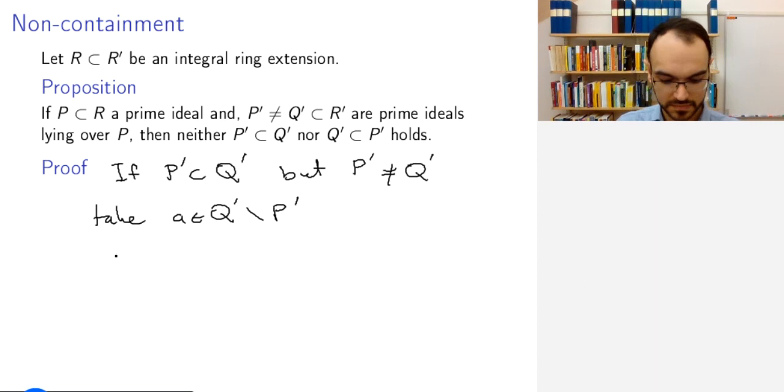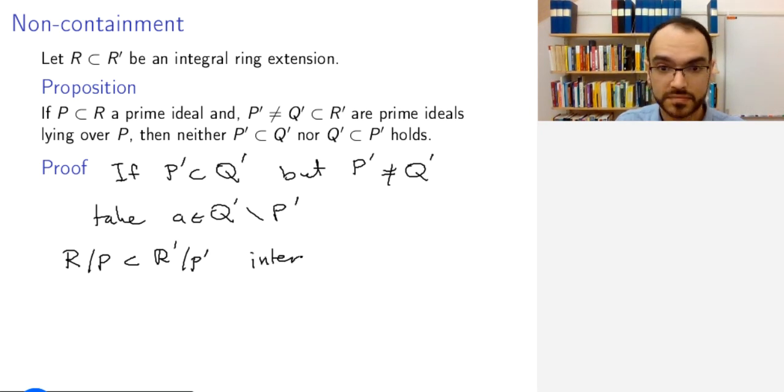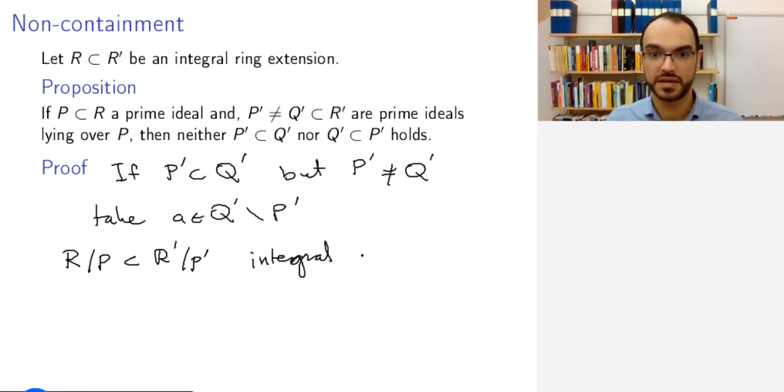Okay? Now, our ring extension R into R prime is integral. So then we have R mod P inside R prime mod P prime. This is integral because of the compatibility with the quotient.